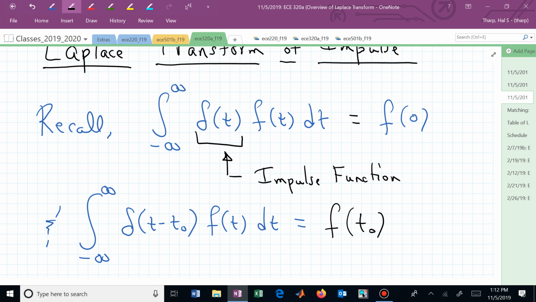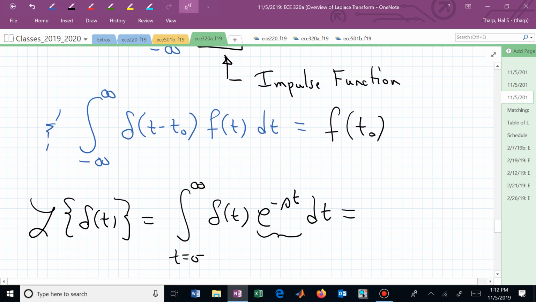This had nothing to do with Laplace transforms, but we can now use those properties to evaluate the Laplace transform of the impulse. We now want to say, if you have a waveform that is the impulse, what is its Laplace transform? Just like we said, I give you a unit step, what's its Laplace transform? I give you u of t, you give me 1 over s. This is participation now, right?